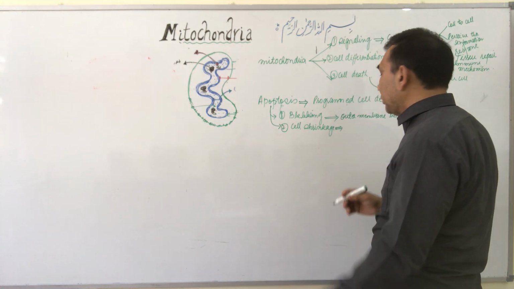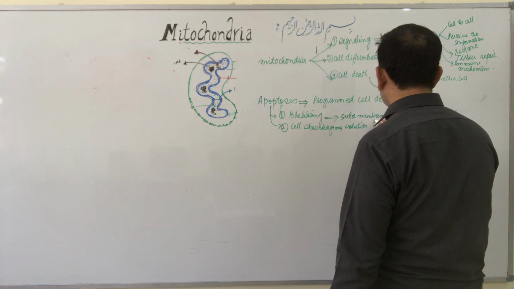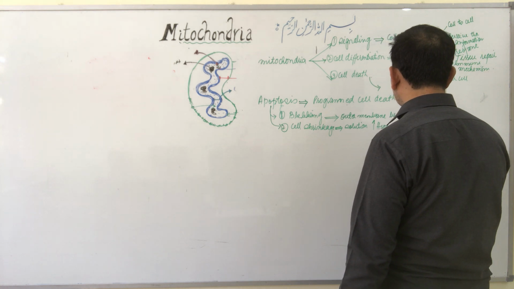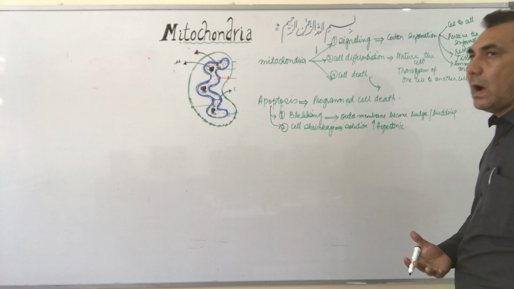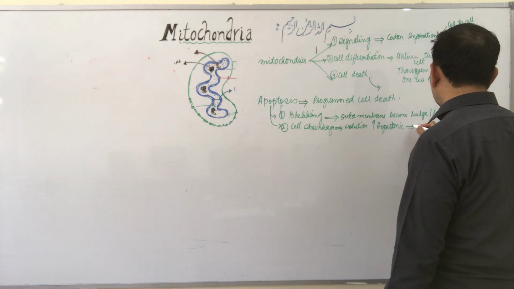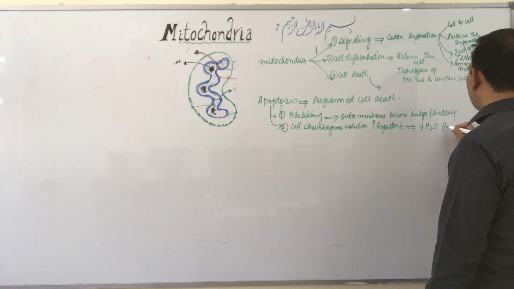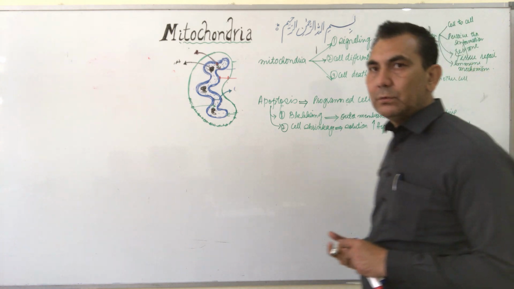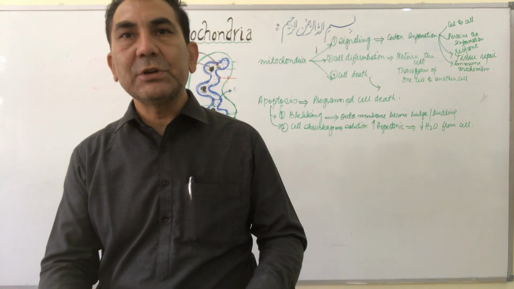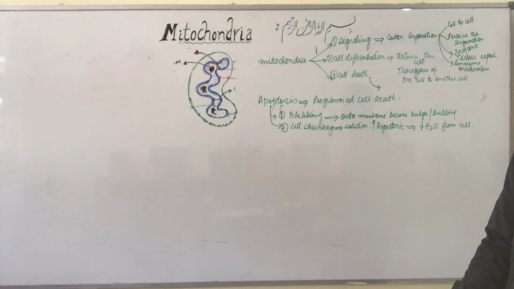In the aging population, the blood plasma becomes hypertonic, and due to the hypertonic solution, it draws the water molecules from the cell, so the cell shrinks. So this is the second type of apoptosis in which the cell dies.